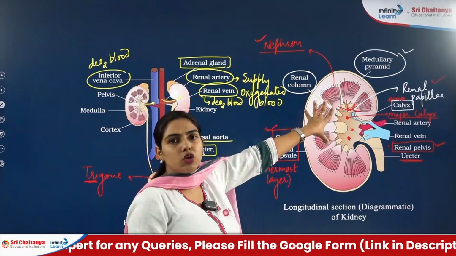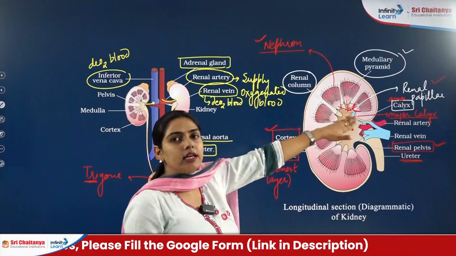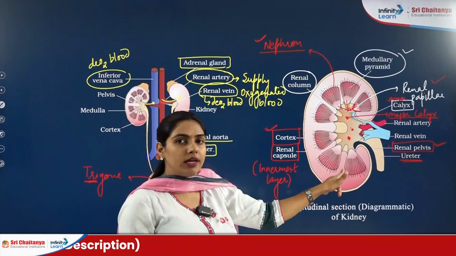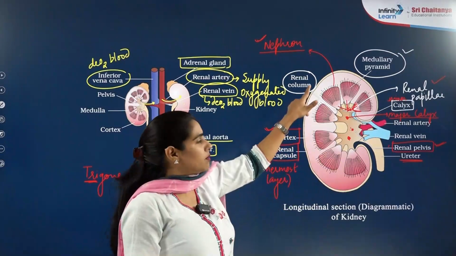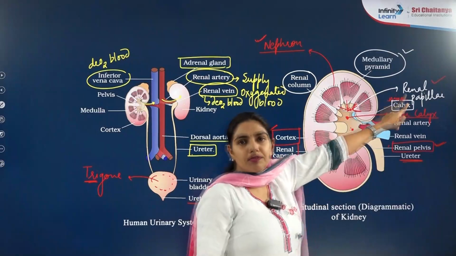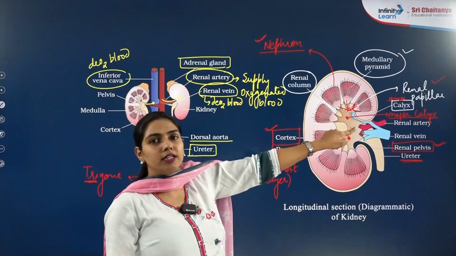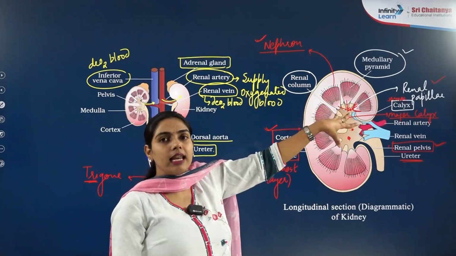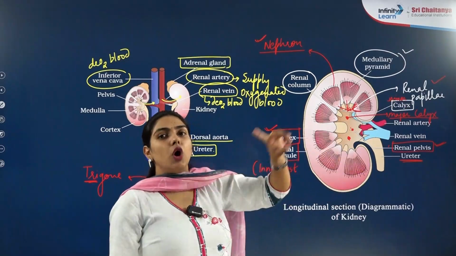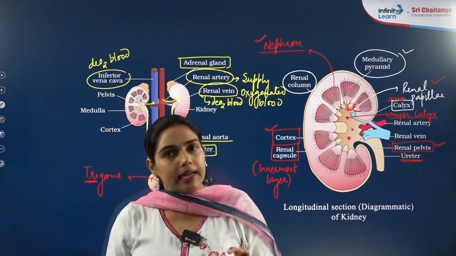Kidney is divided into 2 parts: outer cortex, inner medulla. Inner medulla is divided into many medullary pyramids. Each medullary pyramid has a conical base known as renal papilla. Renal papilla will open into minor calyx. Minor calyxes will open into major calyx. Major calyxes will open into renal pelvis, right?